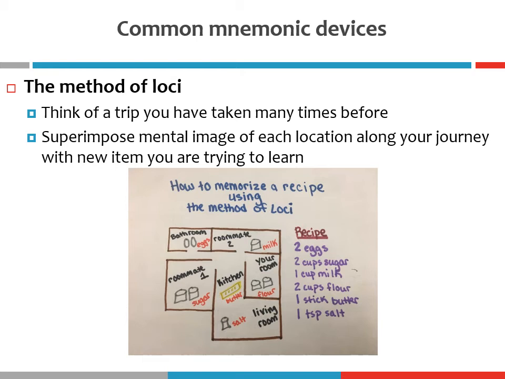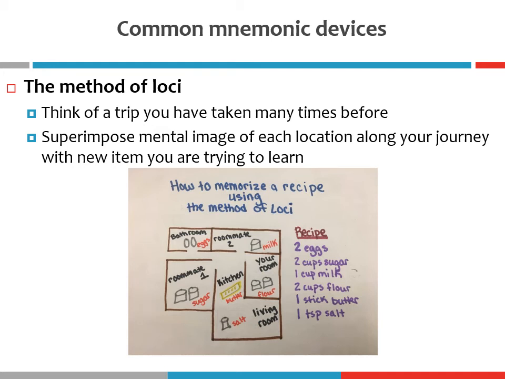And so on. Maybe you imagine your living room sofa is a giant stick of butter, and maybe your doorknob as you walk out of your apartment is a salt shaker instead of a doorknob, and so on, right? So again, the idea is you're using very wacky, unusual mental images, and those images allow you to make an association between the items on your list and a particular well-known location, right?